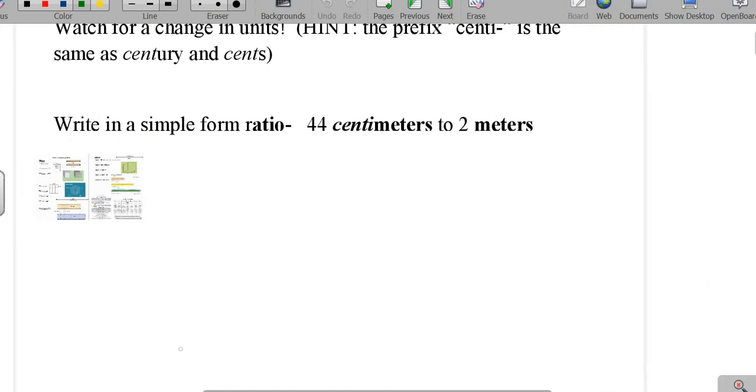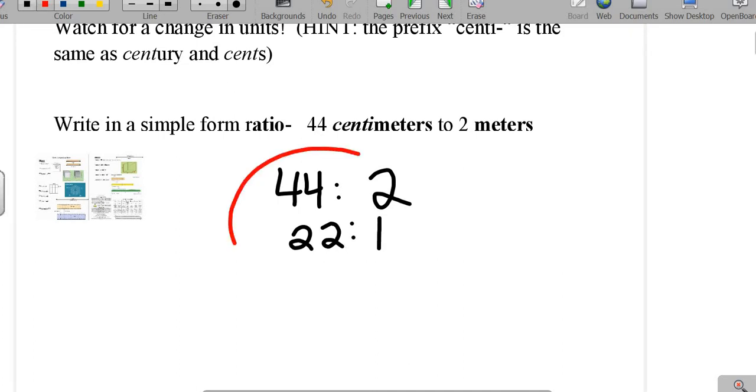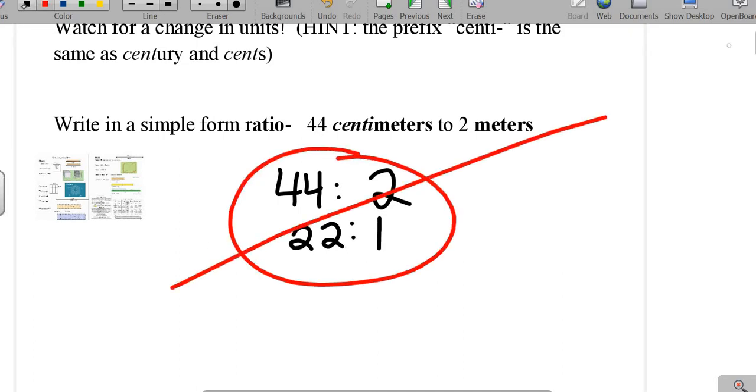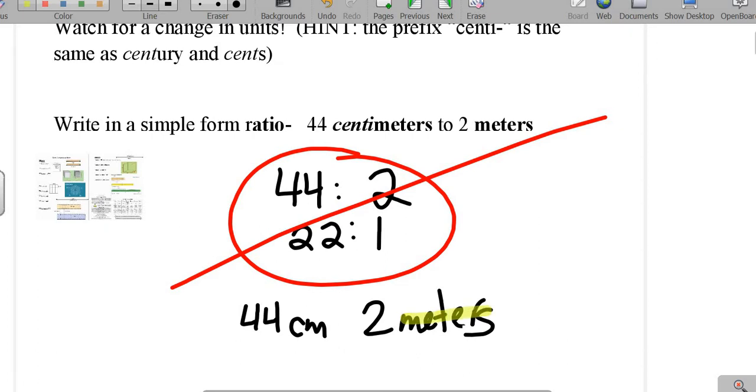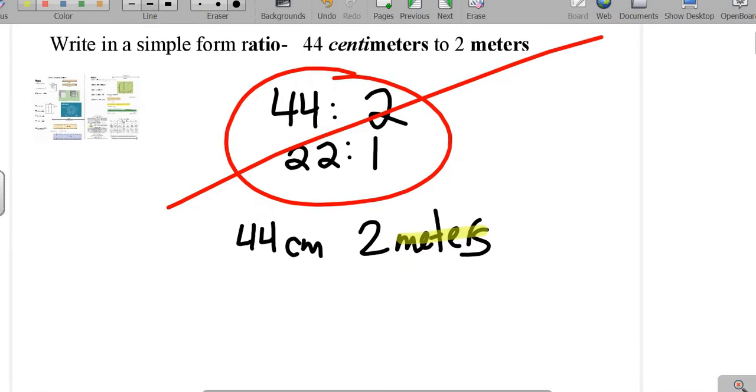Now, if all you wrote was 44 to 2 and then you reduced and went like this, 22 to 1, that would be incorrect. The correct here is 44 centimeters to 2 meters. The first thing you had to do was to convert meters to centimeters, which if you use your units page, that's 44 cm to 200 cm.